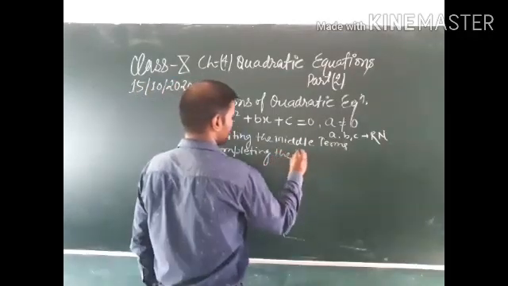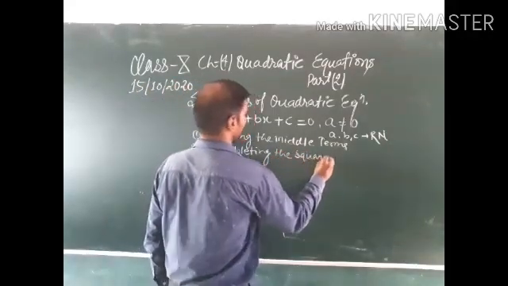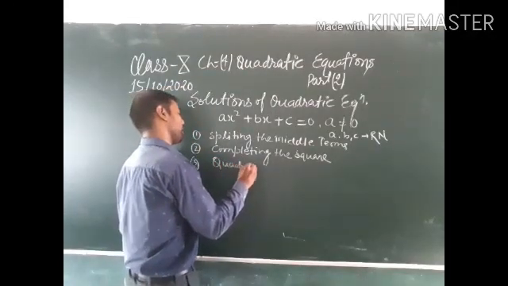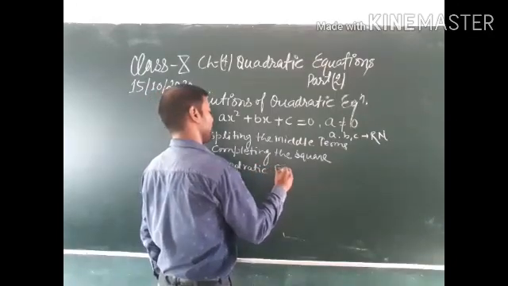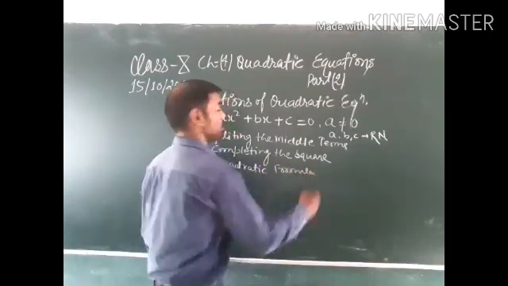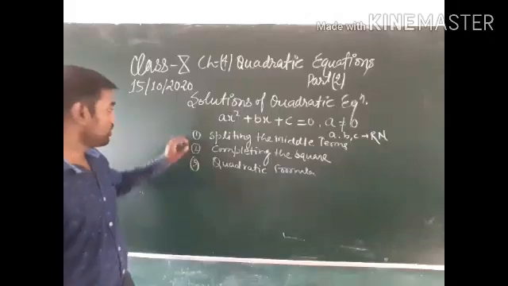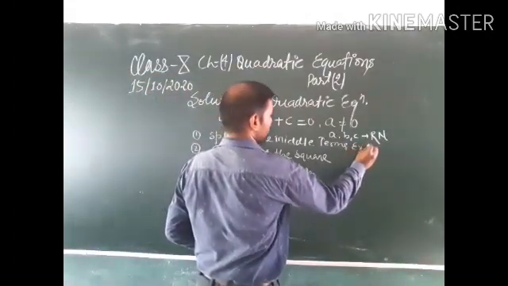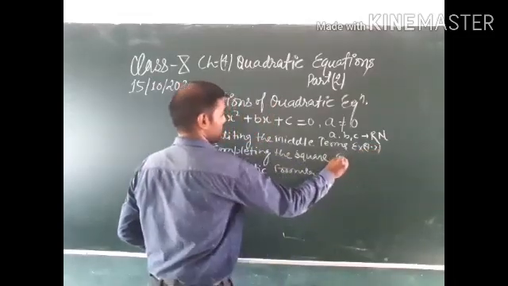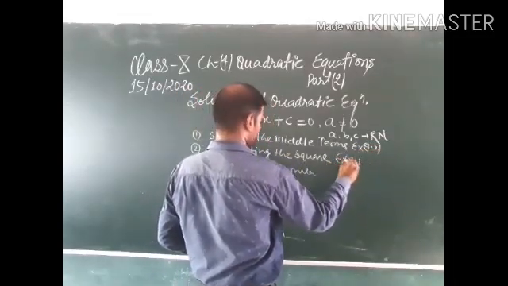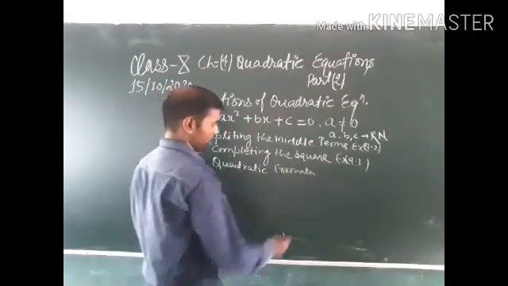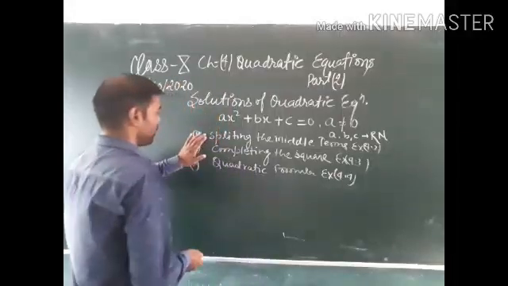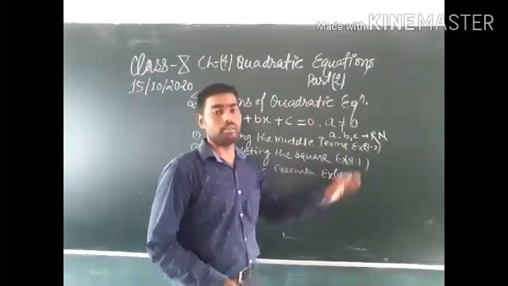And third, the quadratic formula. Splitting the middle terms is exercise 4.2, completing the square is exercise 4.3, and the quadratic formula is exercise 4.4. So today we discuss splitting the middle terms.